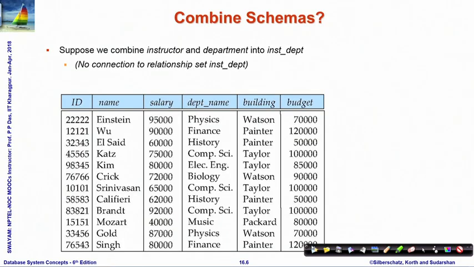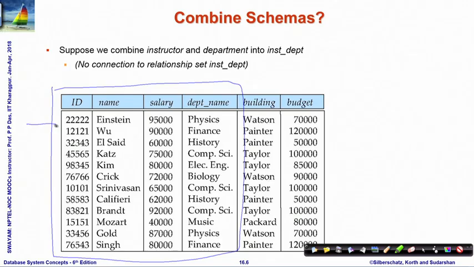In that case, the situation is that to answer some of the queries, I may have to do a very expensive join operation. For example, if Einstein wants to know what is the budget of his department, that cannot be found out from the earlier instructor relation which had only these fields.